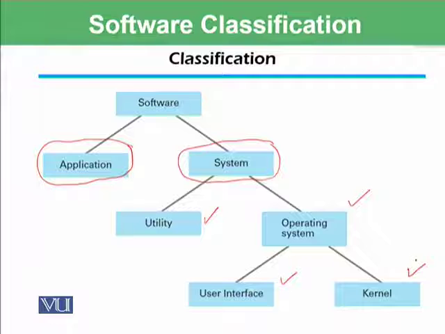As I was mentioning, whatever software you have used are examples of application software. In system software, some utilities are available and the operating system is available. We will be discussing each of them, mainly the application and utility in this module.